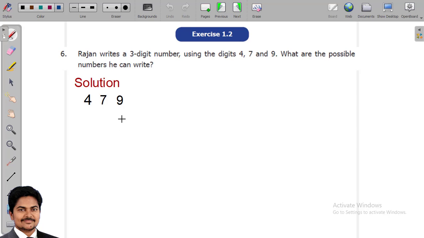Keeping the number 4 in extreme left, I can write 2 numbers. First write 7 and 9, then write 9 and 7. Likewise, keeping the number 7 in extreme left, I can write 2 numbers, write 4 and 9 and 9 and 4.